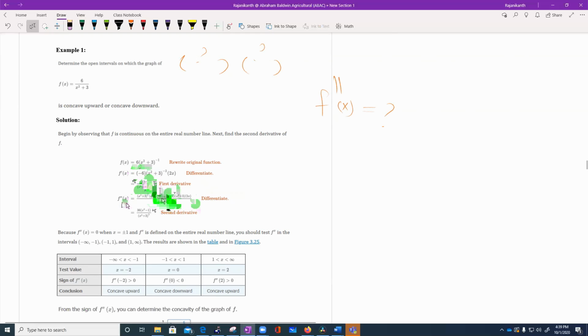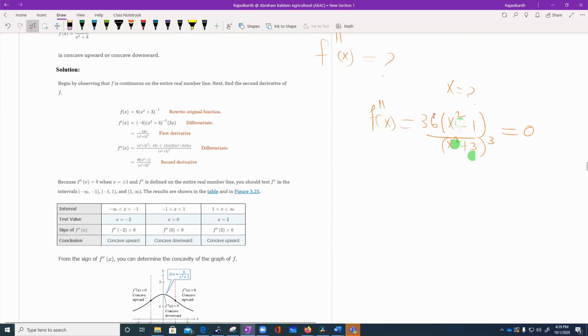If you simplify it, do some algebra, you will get this. Our second derivative is 36 times (x squared minus 1) over (x squared plus 3) to the power 3. Now set this to 0 and look for x values.